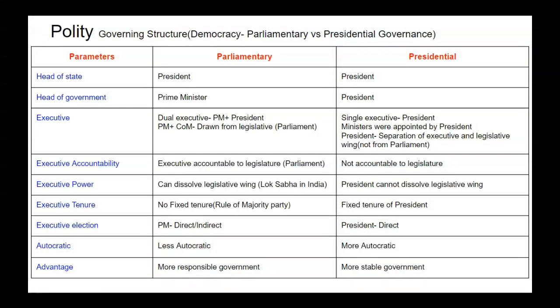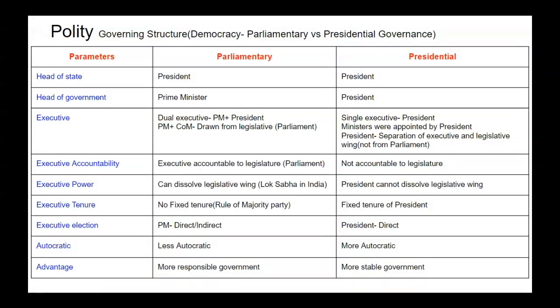The tenure is not fixed in parliamentary form of system. There is rule of majority; the party that gets the majority will rule. So there is no fixed tenure, but rule of majority prevails. But in presidential form of system, there is a fixed tenure of the president. He cannot be removed based on majority rule.